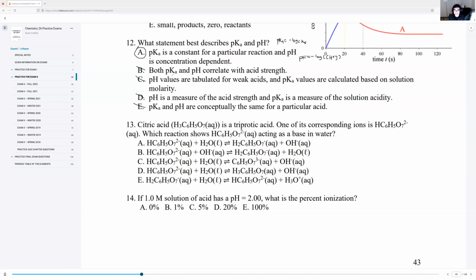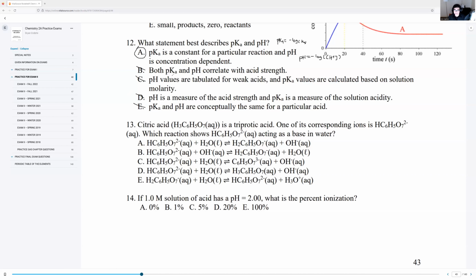13 says citric acid is a triprotic acid. One of its corresponding ions is HC6H5O7 2- in solution. Which reaction shows this acting as a base in water?